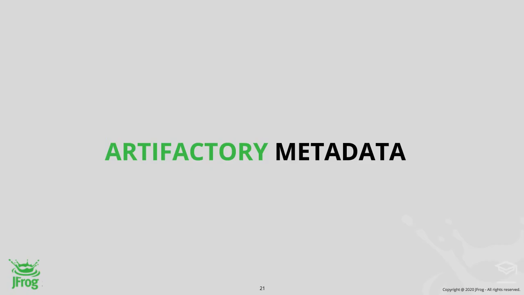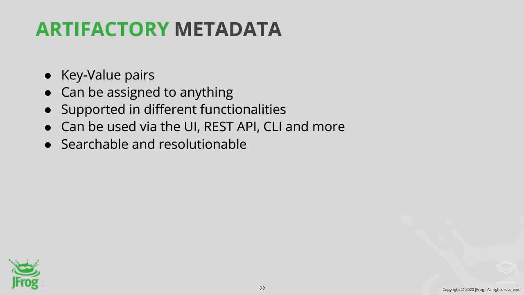OK, let's move forward. Metadata. Metadata is something that can be managed for anything in Artifactory. Basically, Artifactory gives you the option to add key value pairs, applicative information. It can be assigned to anything, starting with repositories and folders and builds and anything like that.